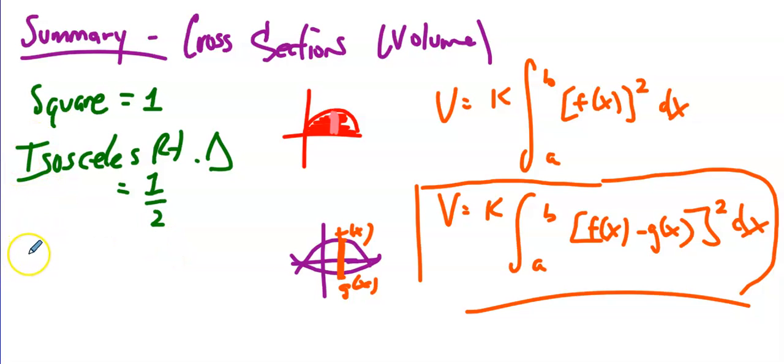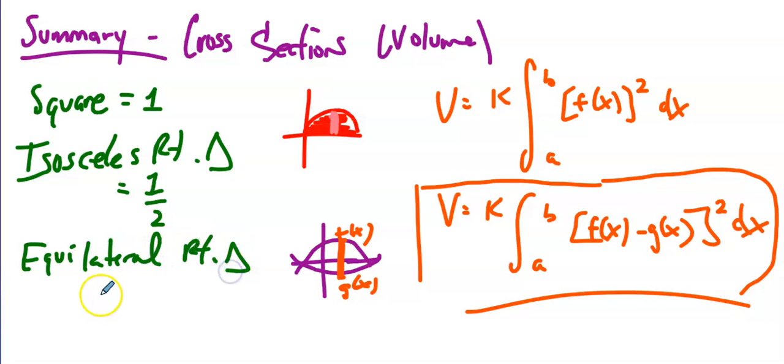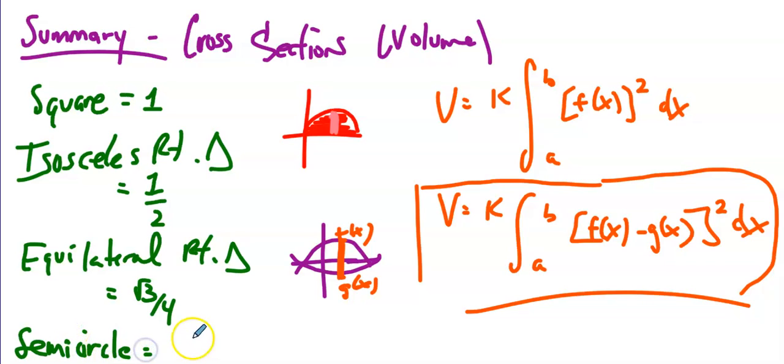If I give you an equilateral triangle, your k is going to be equal to the square root of 3 over 4. And if I give you a semicircle, it's going to be pi/8.